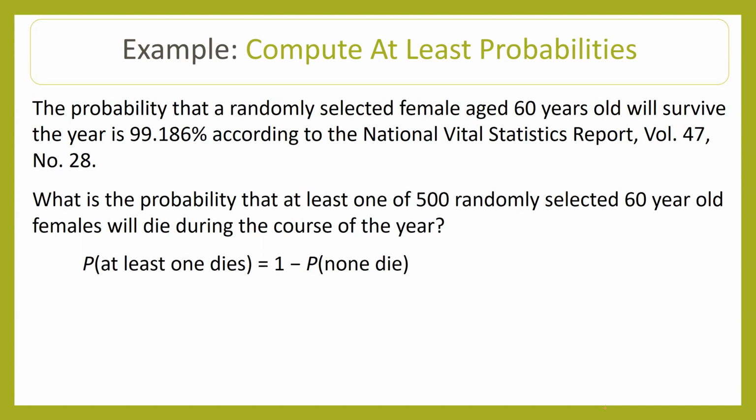And none die means all survive, which has probability 0.99186 each. We have selected 500, so we have to multiply their probabilities all together, which is the same thing as taking the exponent to 500. Using your calculator, the probability that at least one out of 500 randomly selected females will die is 0.9832.